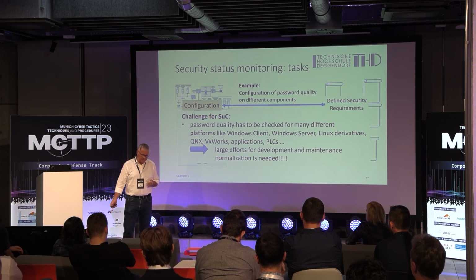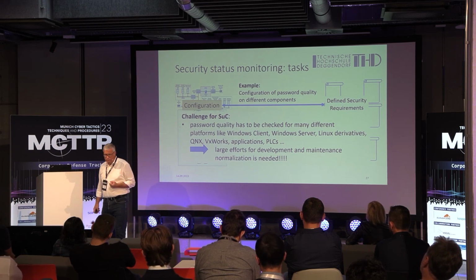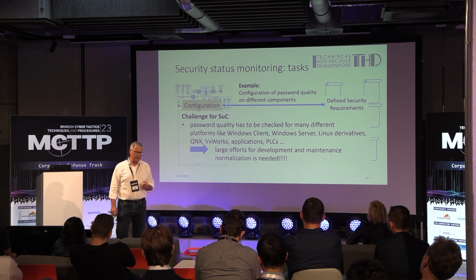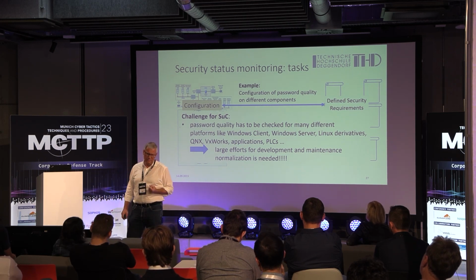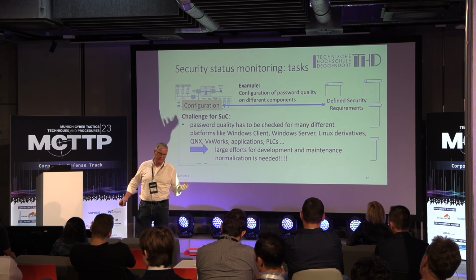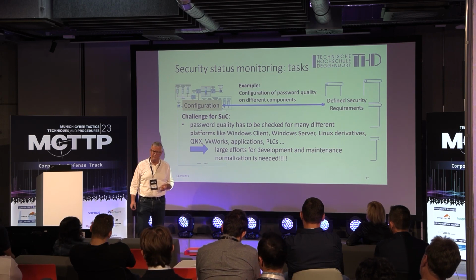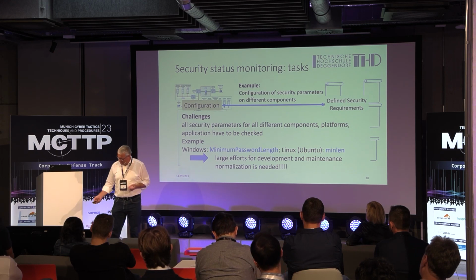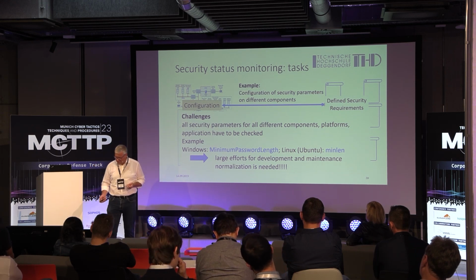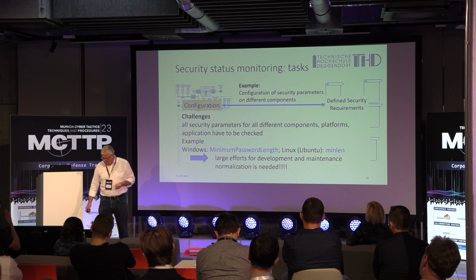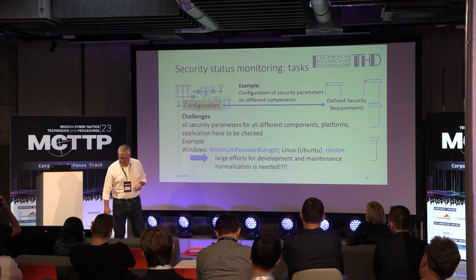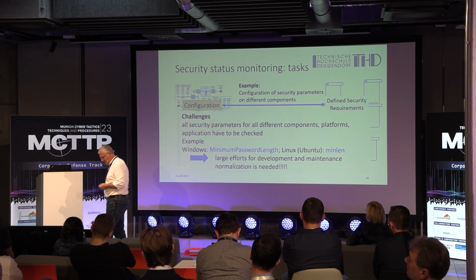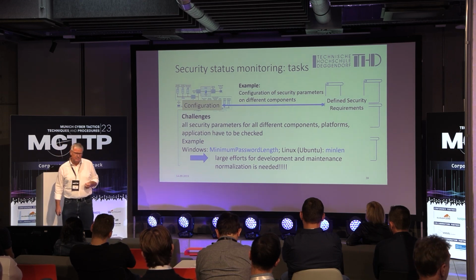So large effort for the development and maintenance. And if we want to reduce that, we need, otherwise it's impossible, we need some normalization. Okay, all security parameters of all different components, platforms, applications have to be checked. This is the challenge. Here's the example. Minimum password length is a parameter in Windows 11.